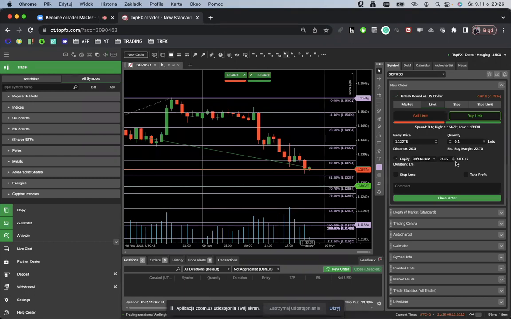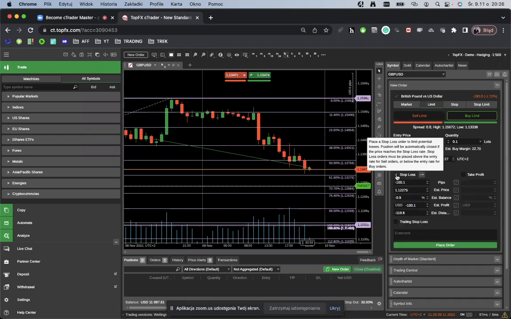You don't have to do this, of course, this is optional. Okay, what do you want? You want a stop loss, of course, and let's say you want a stop loss in pips. So basically you won't spend more than 20 pips on this stop loss, and you got the calculations done here, right?